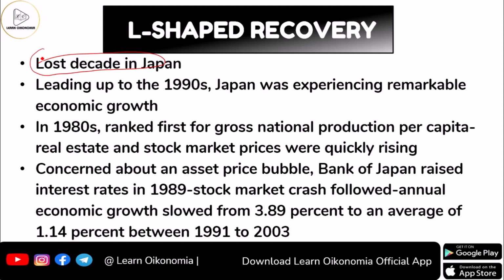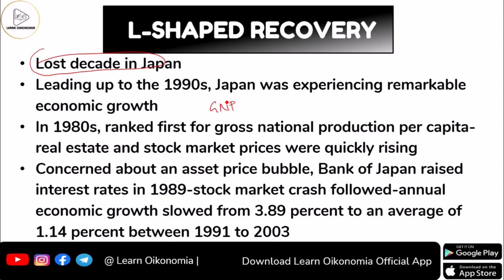In the 1980s, the Japanese economy was considered to be the first economy. It was ranked first for gross national product per capita, real estate, and also with respect to stock market prices, which were rising very quickly.